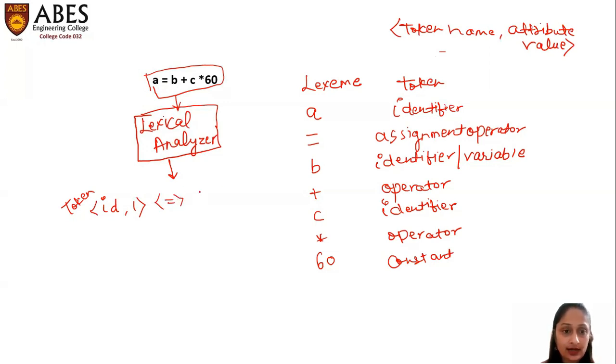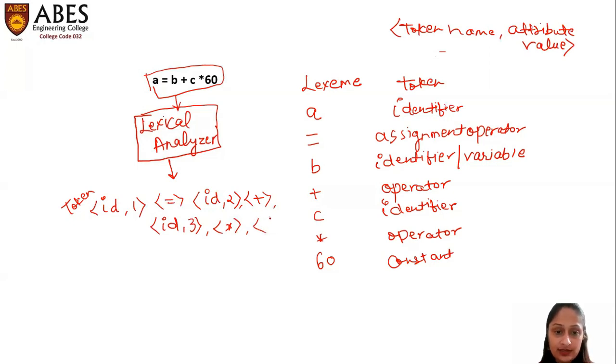After that, identifier 2. After that, the addition operator, and then identifier 3. After that, the multiplication operator, and then the constant 60.